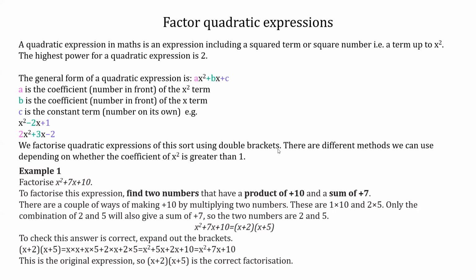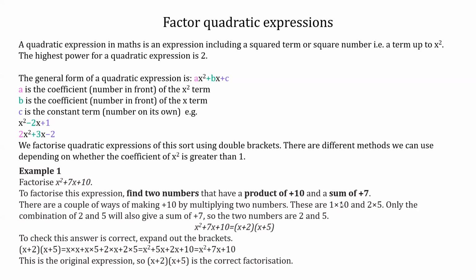There are different methods we can use depending on whether the coefficient of x squared is greater than 1. So, for example, we need to factorize this quadratic expression. To factorize this expression, find two numbers that have a product of 10 and a sum of positive 7. There are two cases that make 10 by multiplying two numbers: 1 and 10, and 2 and 5.